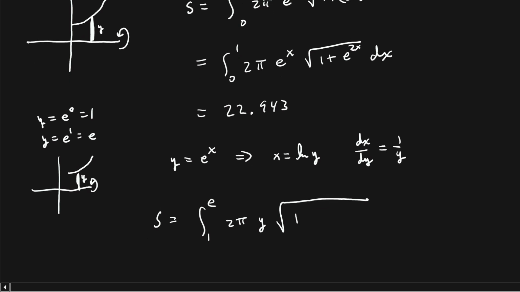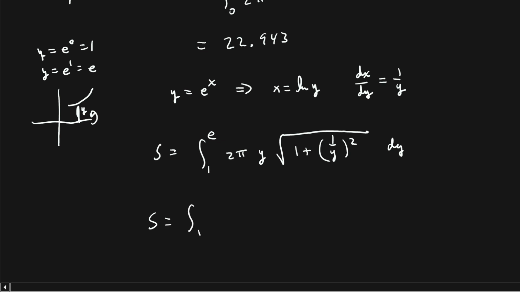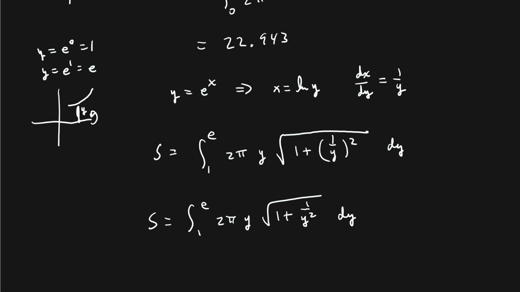So that's the square root of 1 plus 1 over y squared dy. So S is the integral from 1 to e of 2 pi y square root of 1 plus 1 over y squared dy. And that one could be rough to integrate also, but I wanted to set it up to show you the other option.